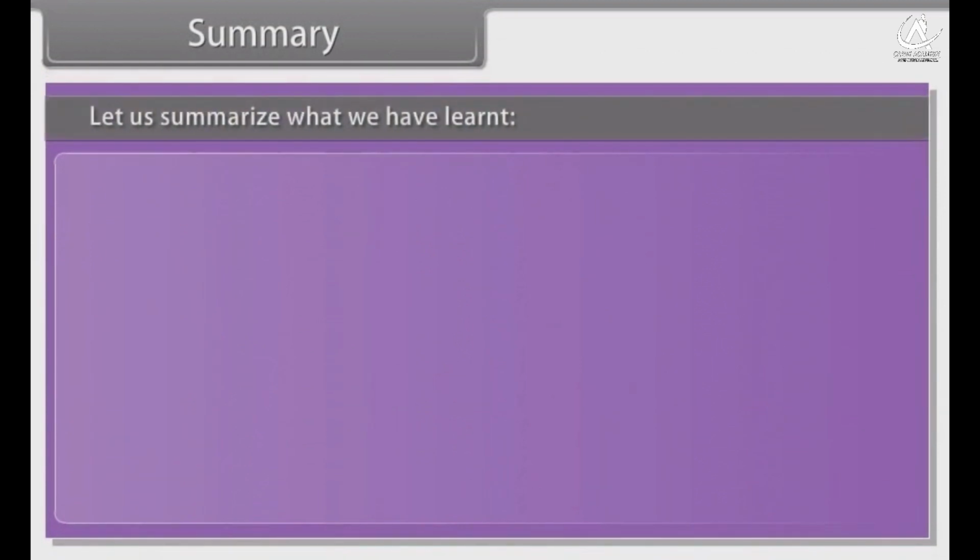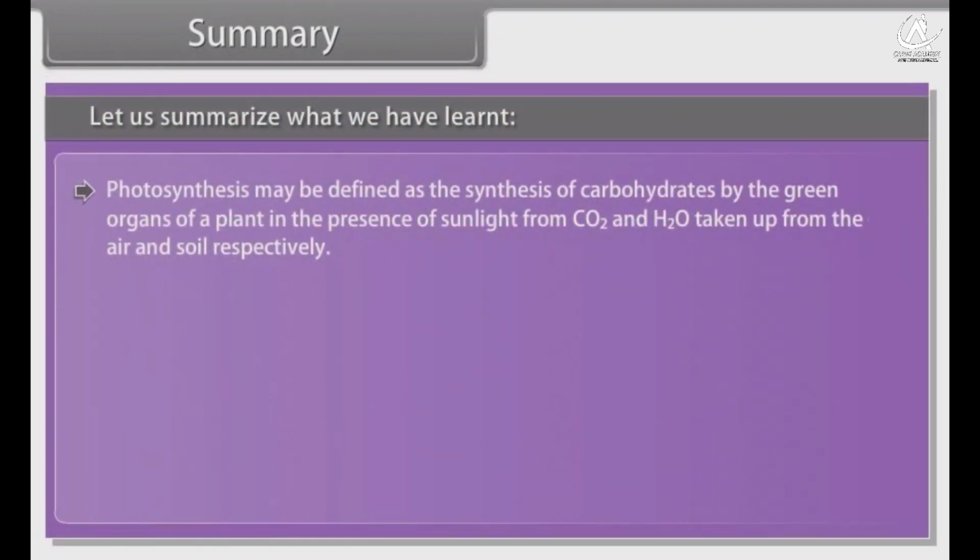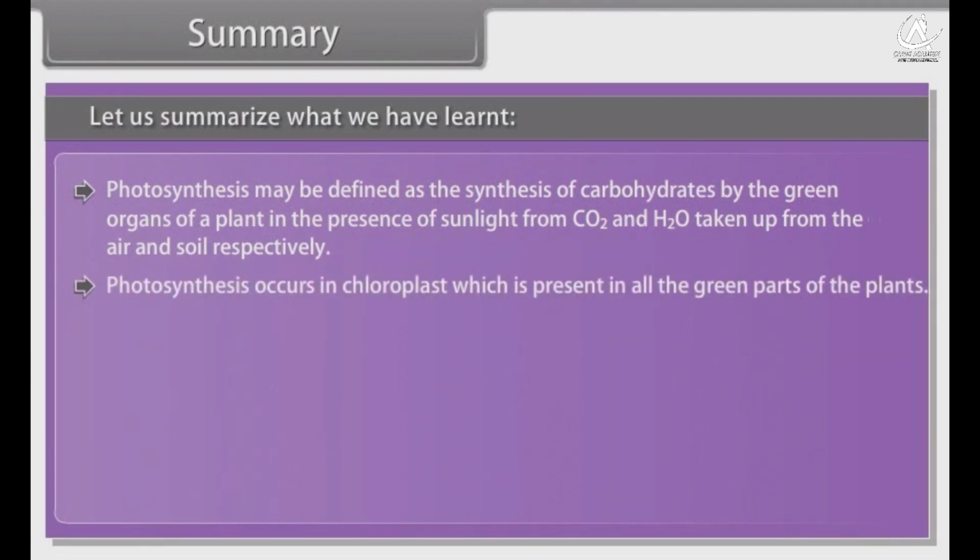Summary. Let us summarize what we have learned. Photosynthesis may be defined as the synthesis of carbohydrates by the green organs of a plant in the presence of sunlight from carbon dioxide and water taken up from the air and soil respectively. Photosynthesis occurs in chloroplasts, which are present in all the green parts of the plants.